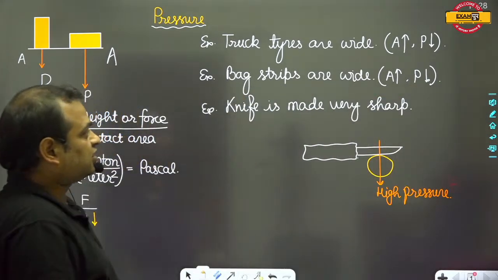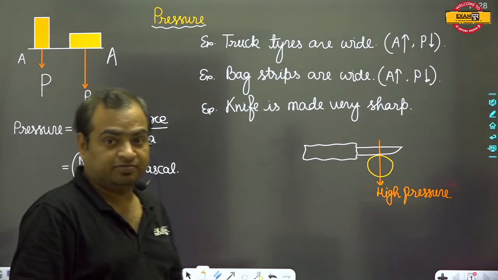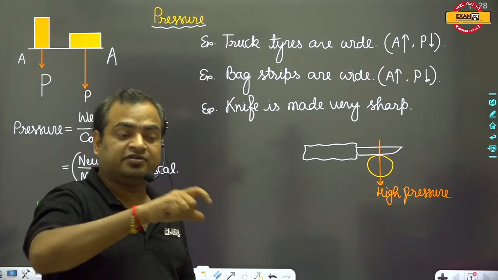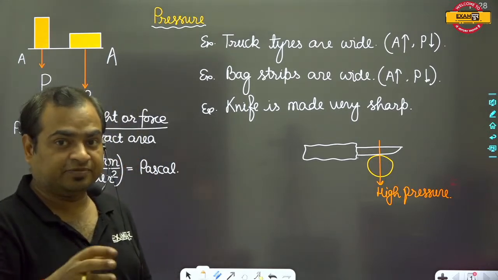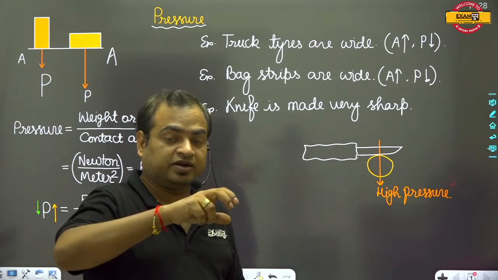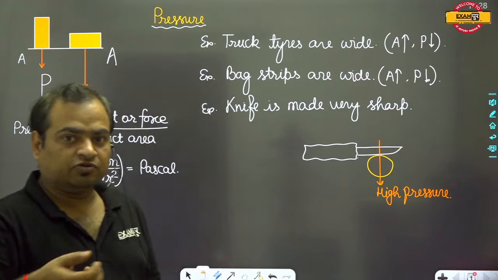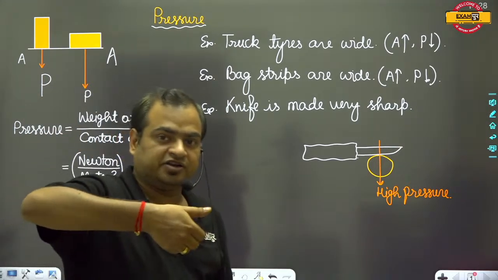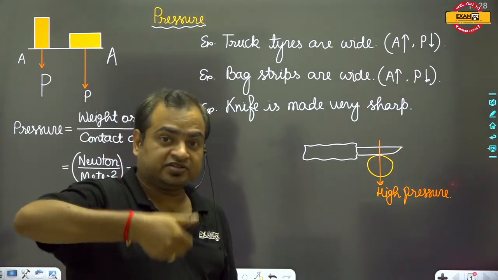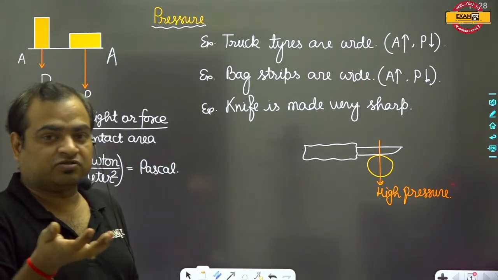But nowadays there are some modifications. Some modifications have been done in the bucket handle. Now the bucket handle is made of plastic itself, and the size of the bucket handle is thicker than the previous one. So the contact area of the bucket handle with the fingers has increased, and this led to very low pressure on the fingers.